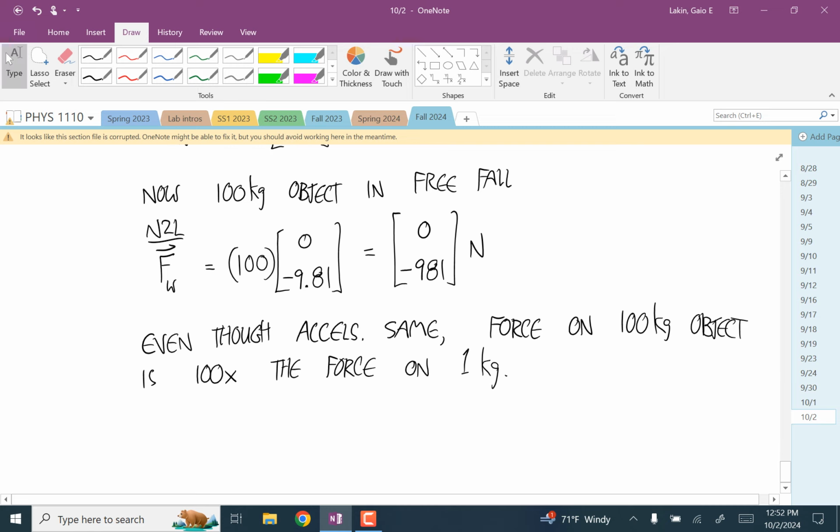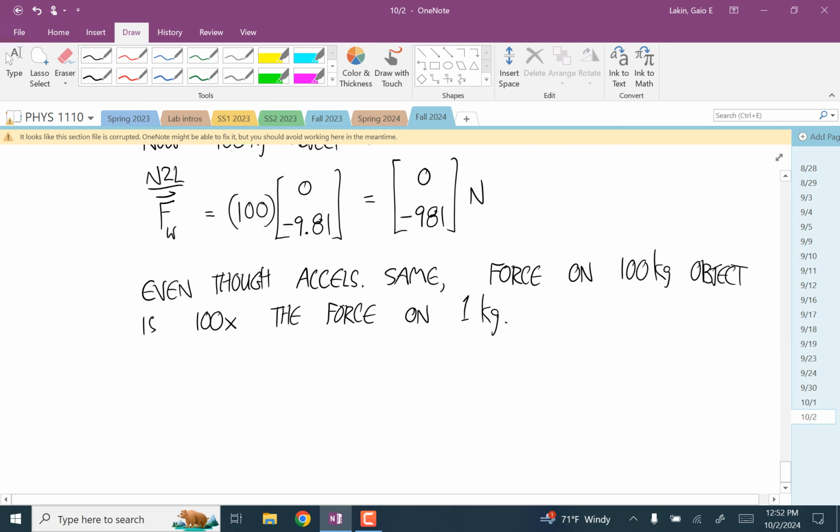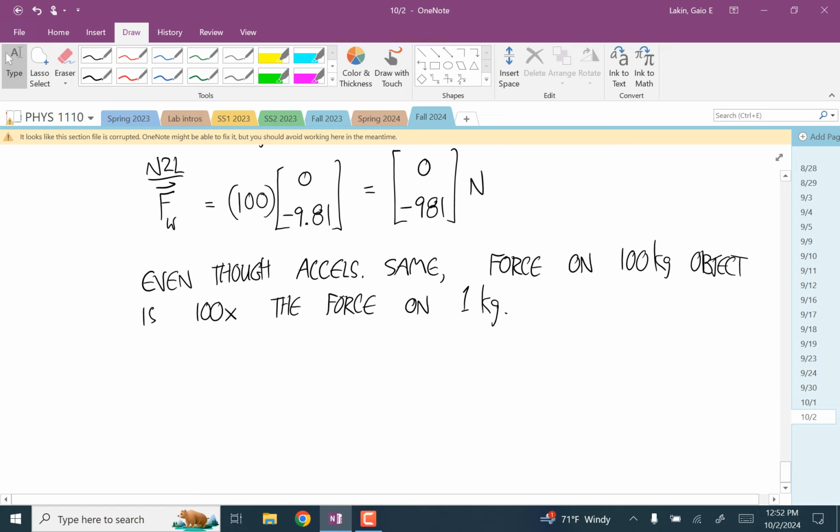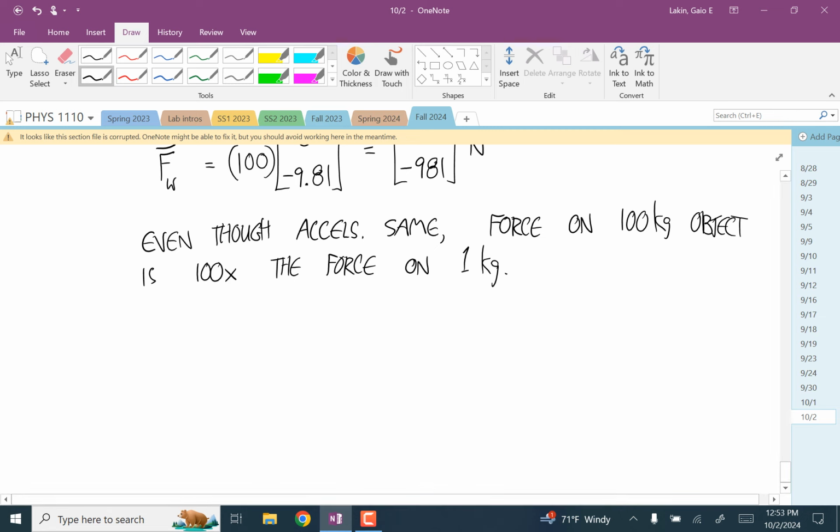Okay, so now let's just do it one more time, generally, where the thing has a mass of m instead of a numeric value. So now one general case, this is for an object with a mass m that's in free fall.